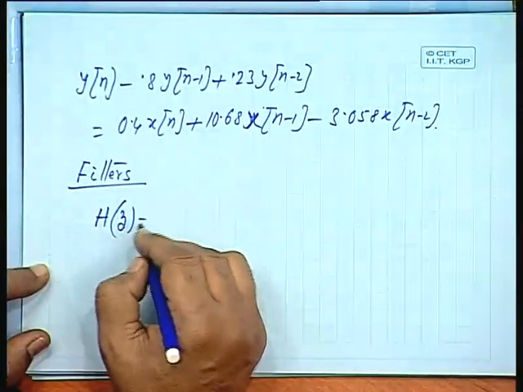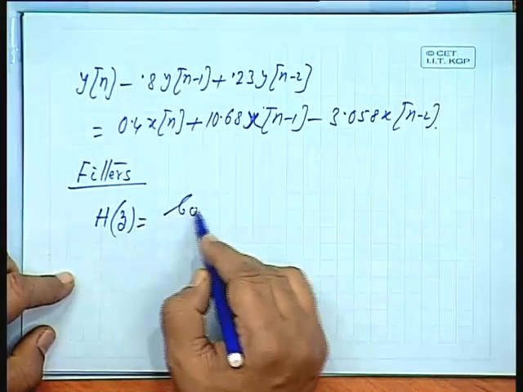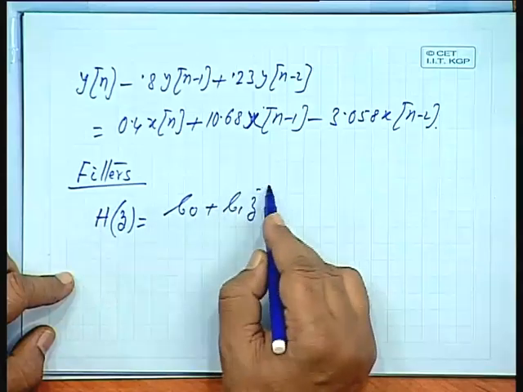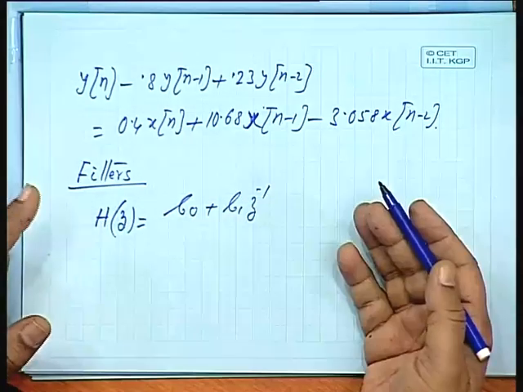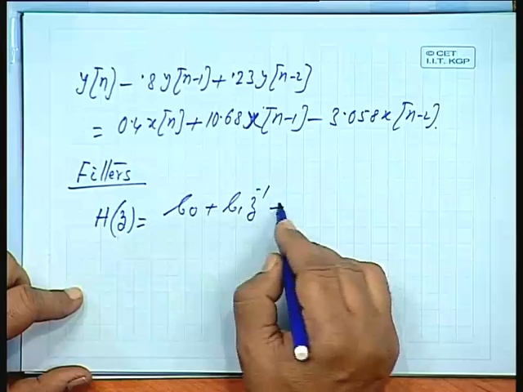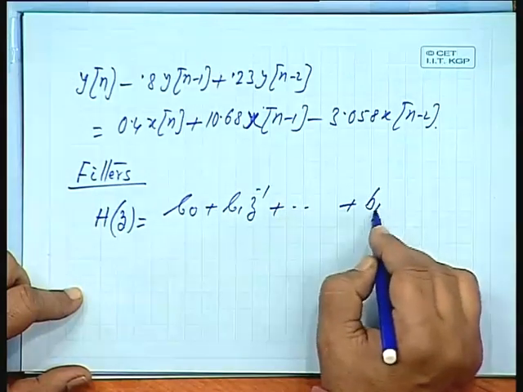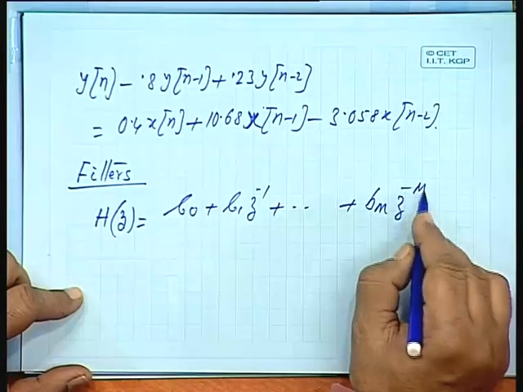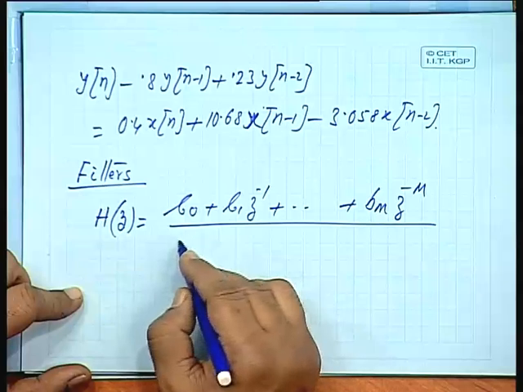properties of filters. See, suppose H(z) is (B0 plus B1 z inverse) divided by something. We will talk in terms of the transfer function, that would be very convenient.